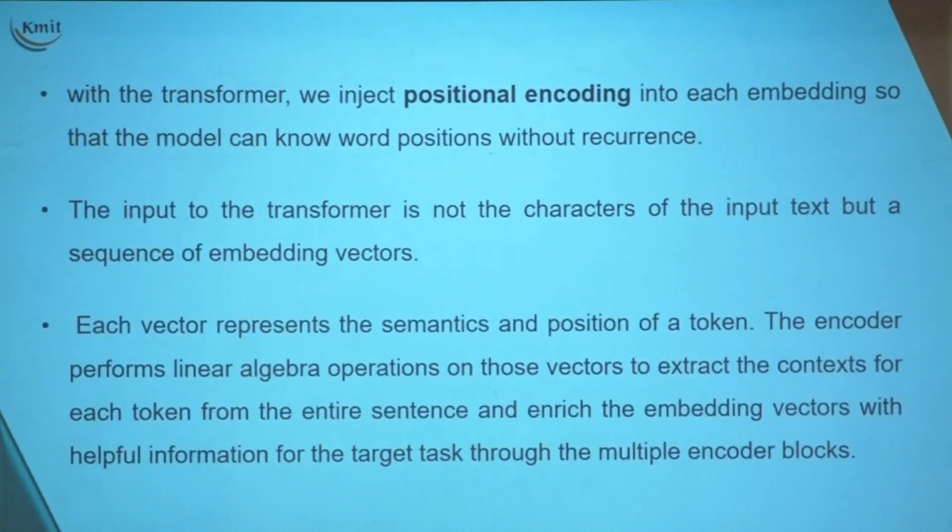Yes or no? Okay. Now with the transformer we inject what? Positional encoding into each embedding so that the model can know word positions without recurrence. As I told you, if "the" is repeated n number of times, I can't take "the" as a new word and generate a new token every time. There would be only one token generated for the word "the".